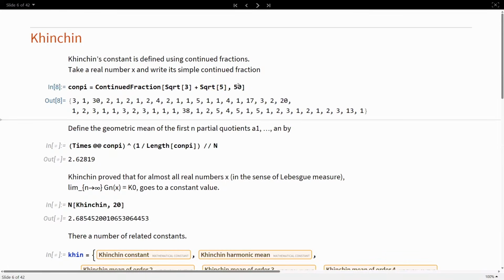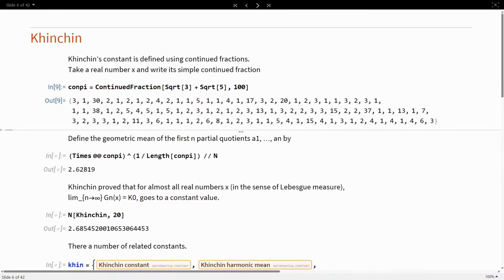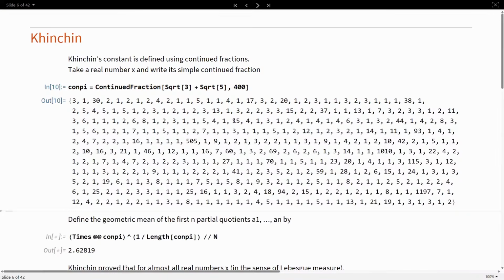Now I'm not sure how long this one takes to repeat. Might be quite a bit. Then maybe this one doesn't repeat. I think that's a quadratic.